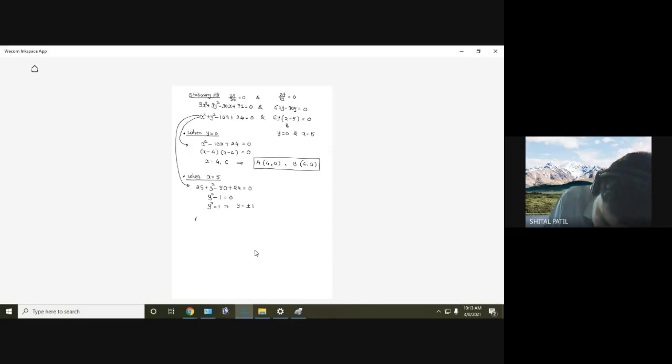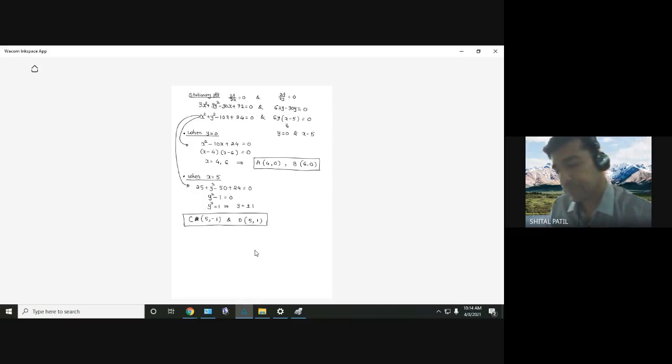So the stationary points are x is 5, y is minus 1, which should be C, and D, x is 5, y is 1. There are 4 stationary points. Hope you understood the procedure. Is there any difficulty understanding this page? Any doubt, let me know.